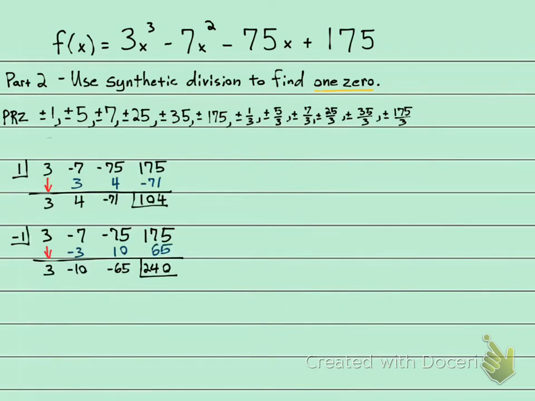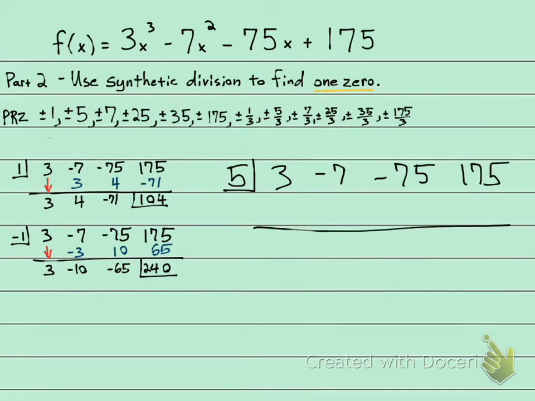Use a little computer magic to make some space there. So let's try 5. We'll try +5 next, and then we'll try -5 after that. So 3, -7, -75, and 175. All right, synthetic division. Sounds fancy.